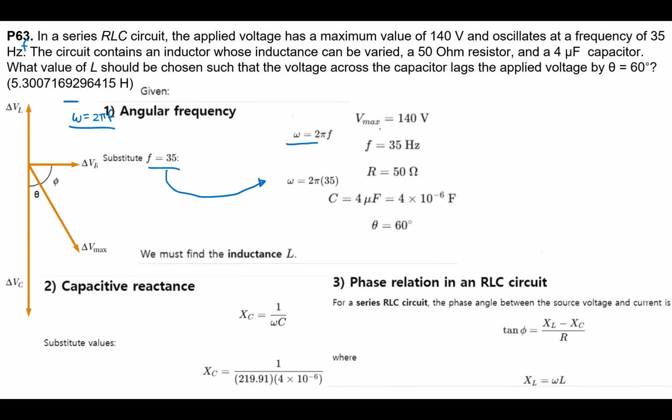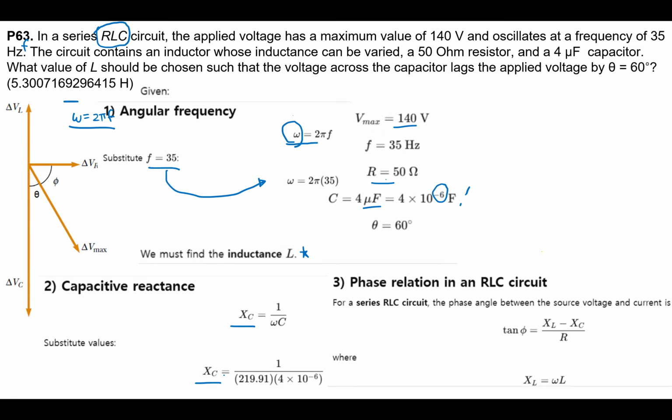Here Vmax is given, and R and C are given, and then we want to find L. Note that it is an RLC circuit. R is given, C is given. Note that this conversion is important. Omega is given, and then we need to find the rest. First, the capacitive reactance is given by this one.